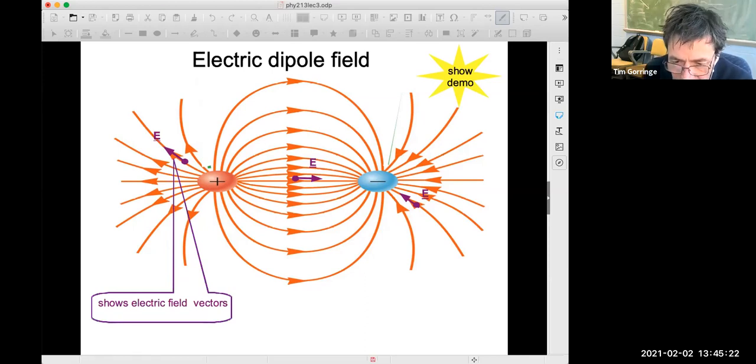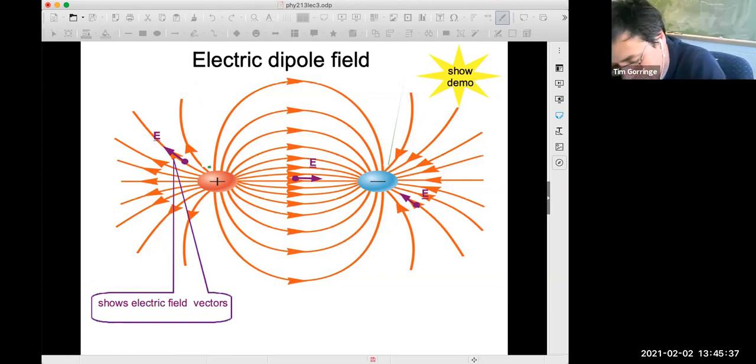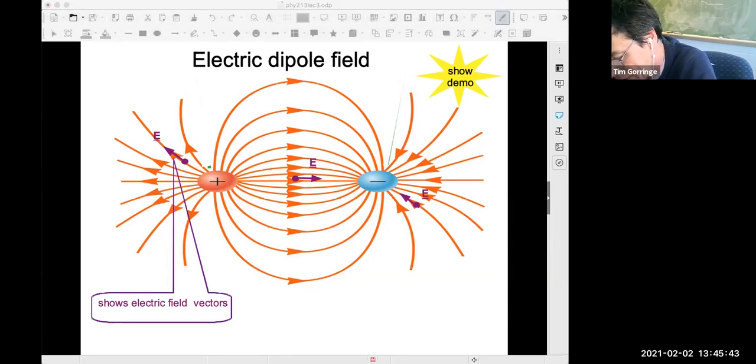Another question came in. On the slide, why doesn't it go from right to left? So on this slide, the field lines, let me get my pen going again here. So these field lines emerge from the positive charge.